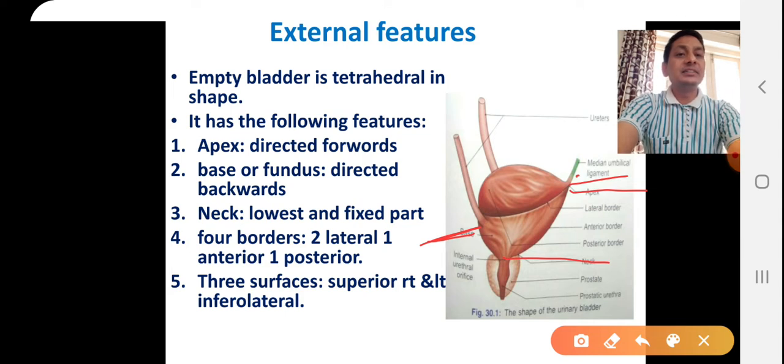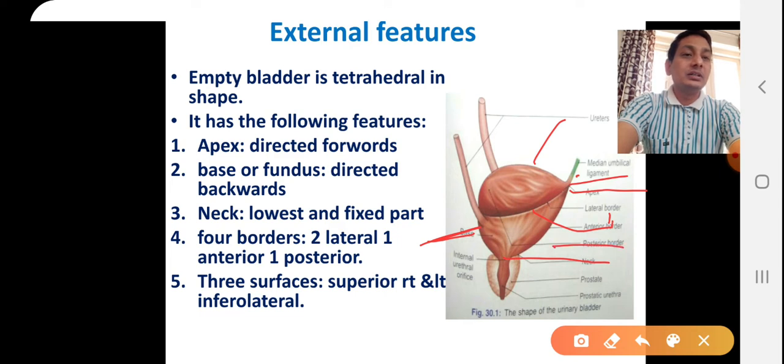It has four borders: two lateral borders, one anterior border, and a posterior border. These are the four borders.